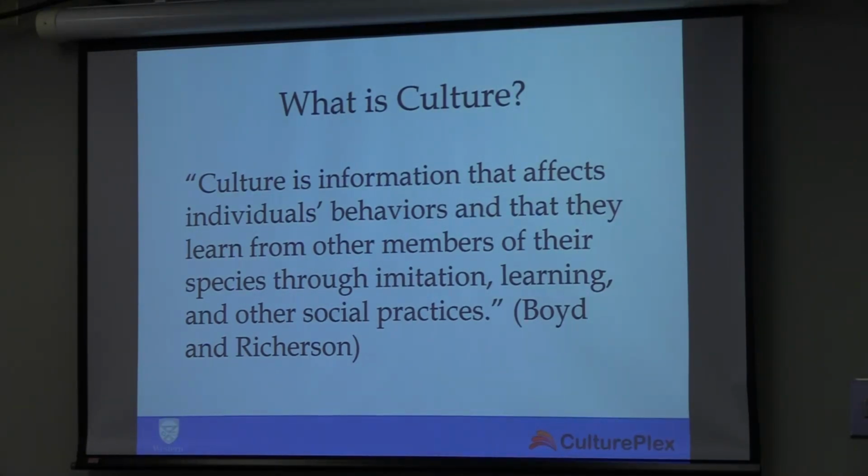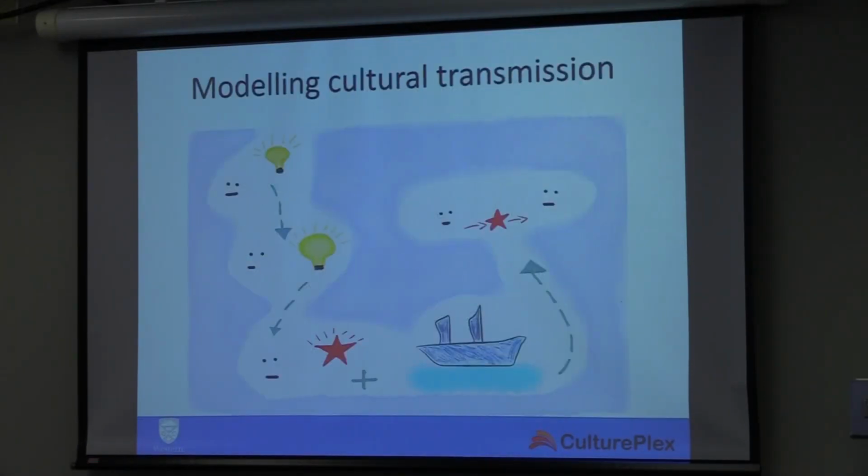Now, having all these concepts to set the stage, I'm going to be focusing on cultural transmission, okay? With a very simple model in which you have a person that comes up with an idea, and that idea is passed on to another person, and at some point that person changes the idea a little bit. That's what the star symbolizes.